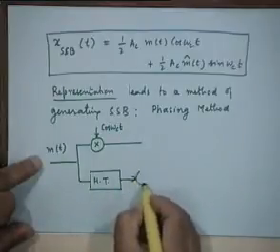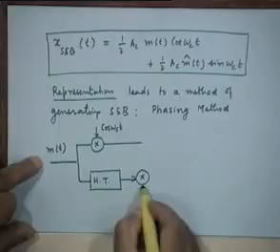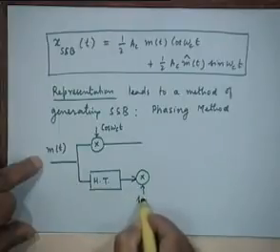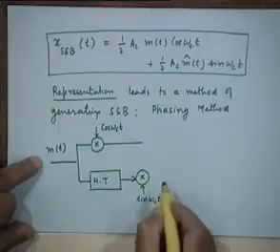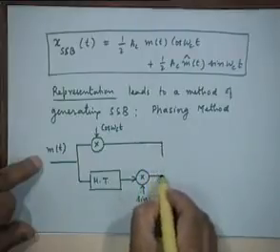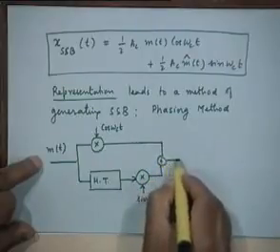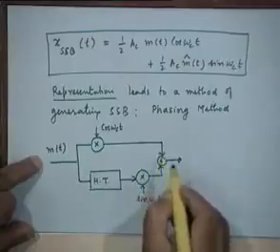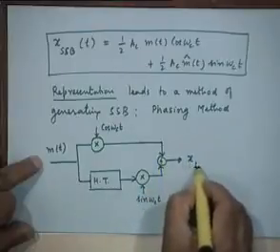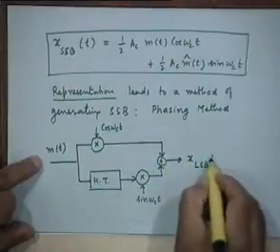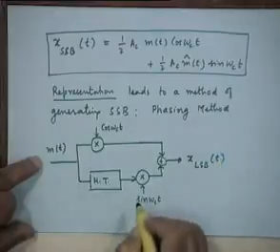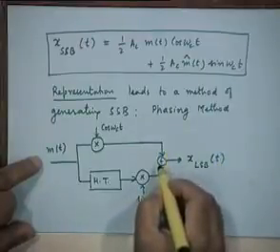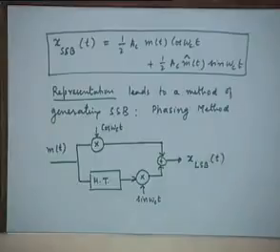And that's followed by a second product modulator in which the carrier is sine omega ct, and you simply add up these two to produce your lower sideband signal, right? If you subtract one from the other, you will get the upper sideband signal. So it looks very neat and very simple.